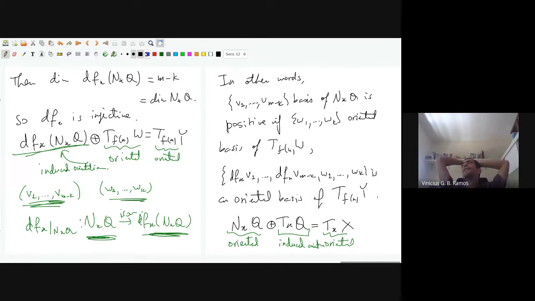If you read another book, someone could decide, I don't like to put the normal bundle before, I want to put the normal bundle last. That's okay, but that's going to be another choice of orientation. Just like when we decide to orient the boundary and we put the outward normal vector field first, you could say, what about putting it last? What about putting the inward normal vector field instead? Those are all valid choices, but usually you have to choose one, and then the standard thing is to choose that.